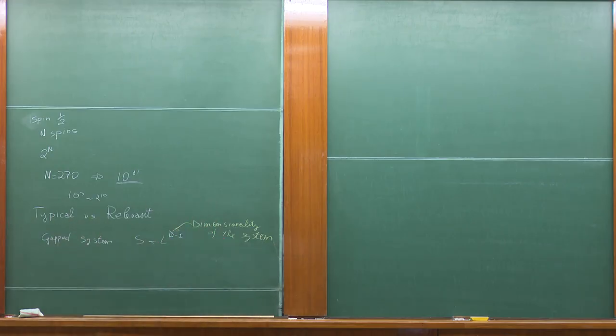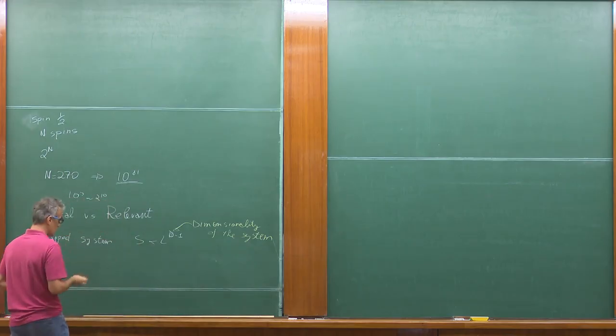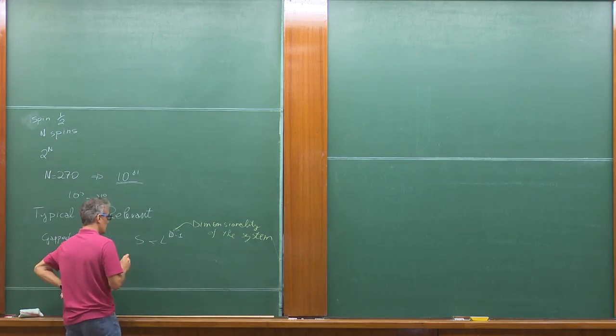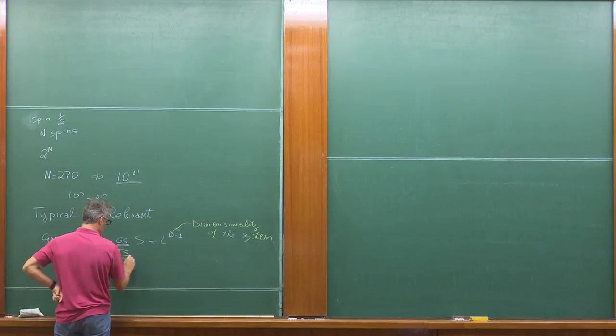So in a sense, they're a little bit easier. You don't need L to the D. Then this is for gapped states, ground states, but also thermal states.